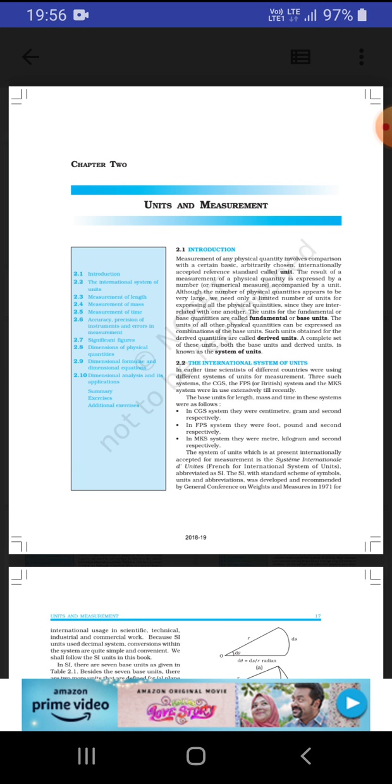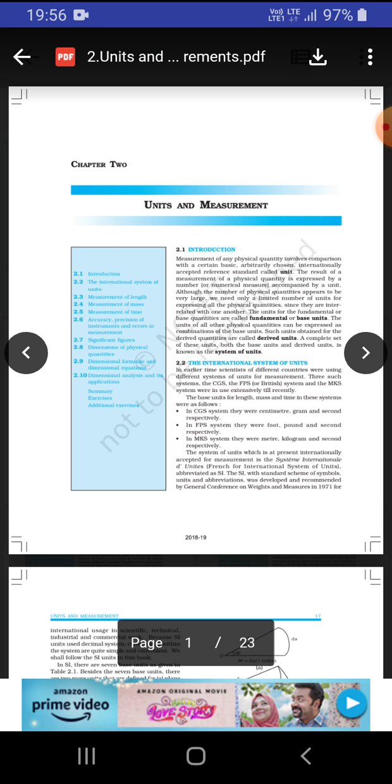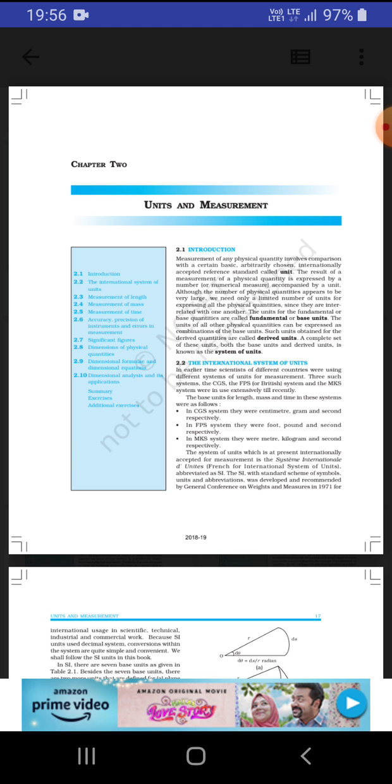There is a very large number of physical quantities, but a limited number of units is needed to express them, since they are interrelated with one another. The units for fundamental or basic quantities are called fundamental or basic units. The units of all other physical quantities can be expressed as a combination of the basic units.